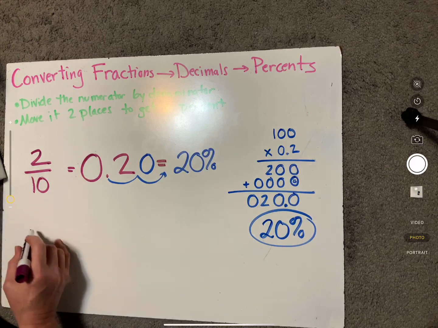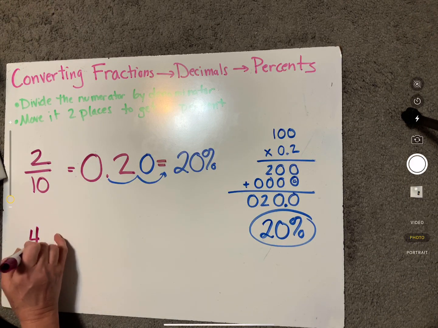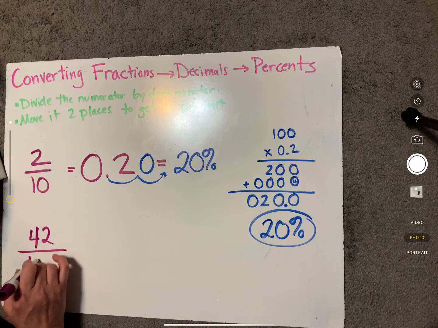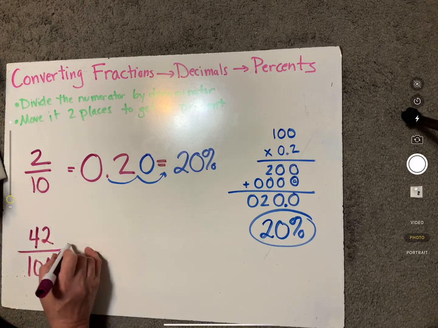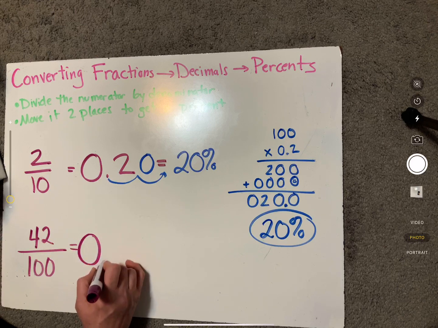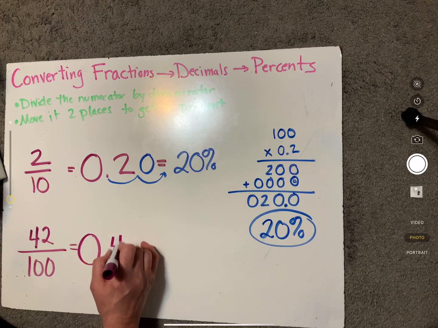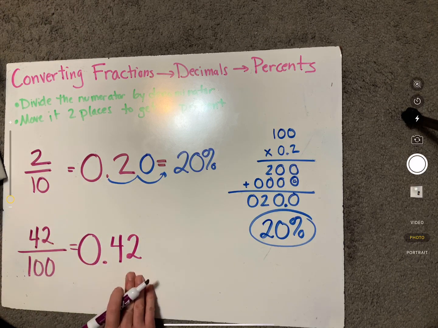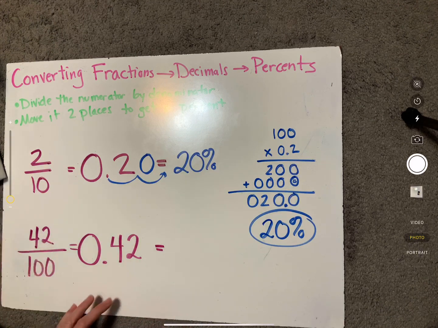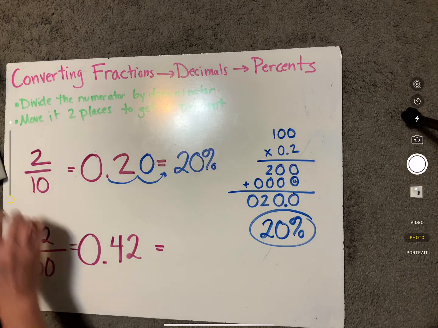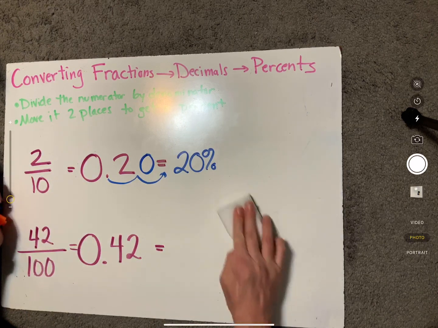Let's try another one. What if I had 42 hundredths? Okay, so 42 hundredths. If I was going to write this as a decimal, I'd have 0.42 or 42 hundredths, right? So now, to change this into a percent, we could do the same thing we did before.